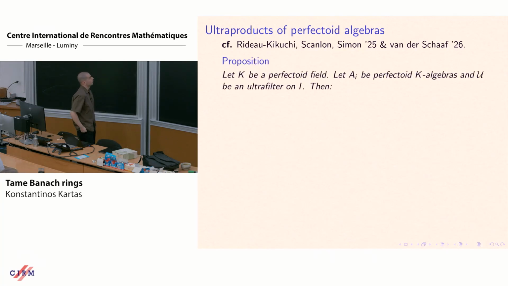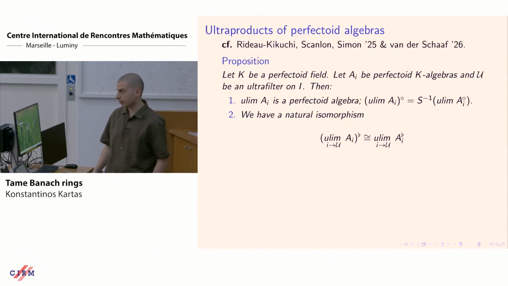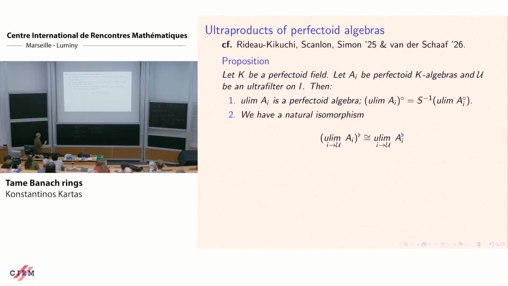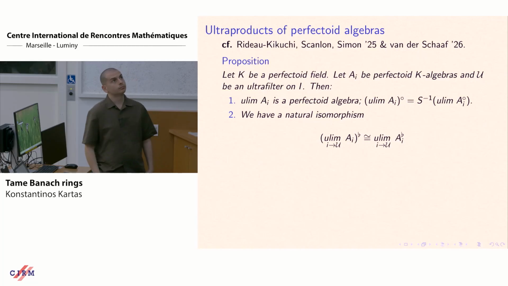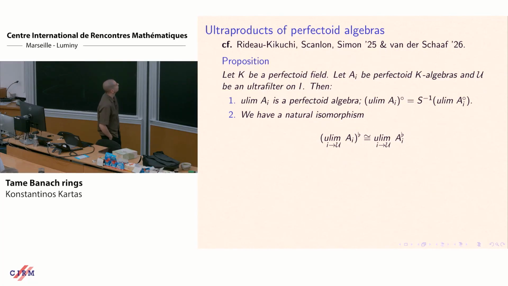So we start with the perfectoid. This proposition says that tilting commutes with ultra products, but you have to consider Banach ultra products, not usual ultra products. You start with a collection of perfectoid algebras, and when you take the ultra product, that's also a perfectoid algebra.